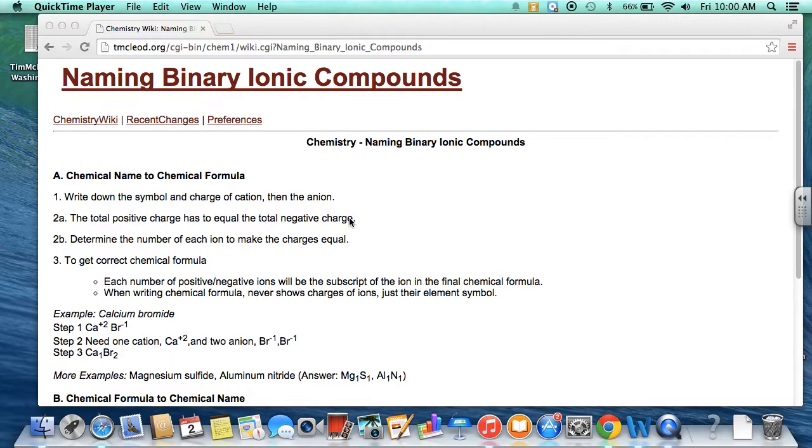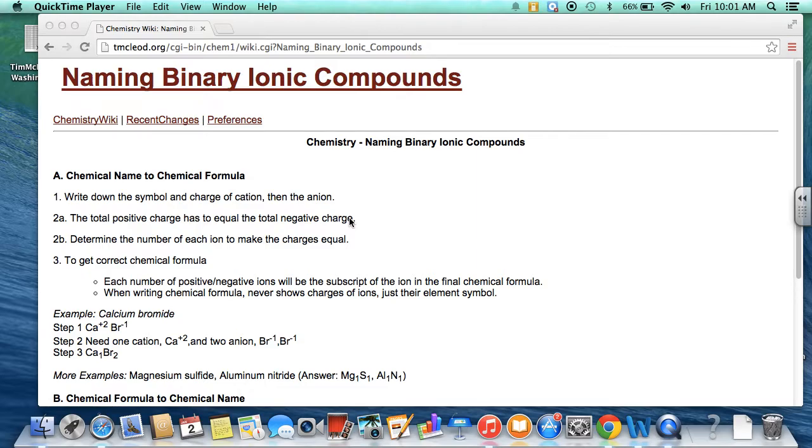For ionic compounds, the main understanding needs to be that the actual chemistry comes from the atoms losing and gaining electrons to form their ions. And then they hang out together because of Coulombic force, electrostatic force.